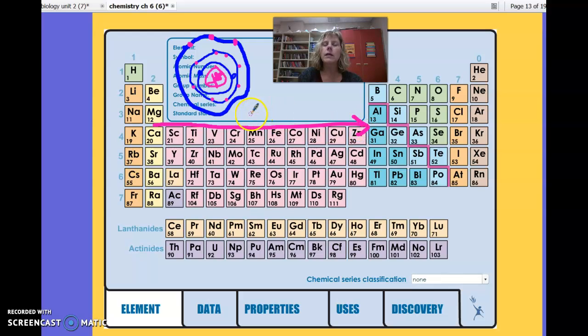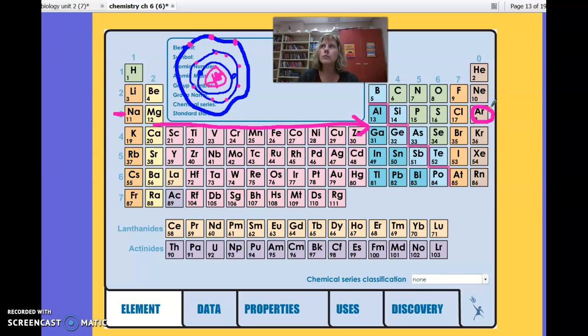The radius of the atom itself gets smaller and smaller as we go across this group. So in period 3, when I get all the way to argon, this is actually the smallest in size of that whole period.